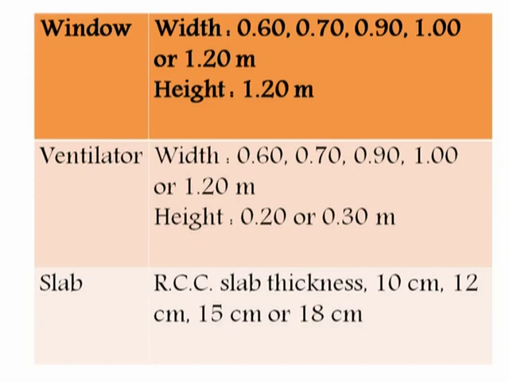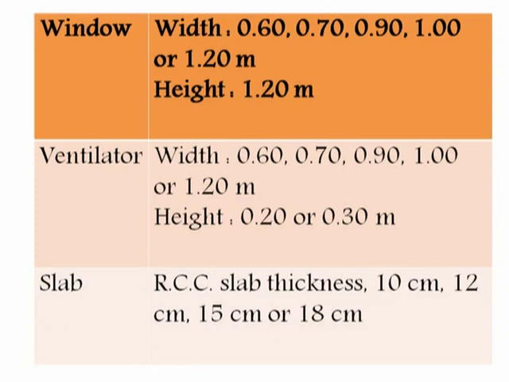Then is the slab. Slab is the RCC floor. A plain horizontal RCC slab will cover the space from the top. The function of the slab is to cover the space at the top.